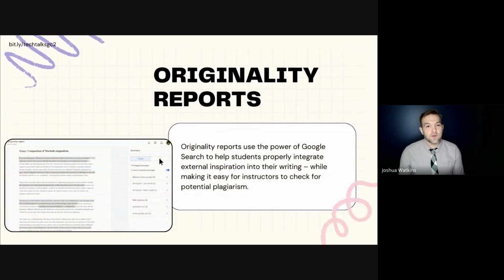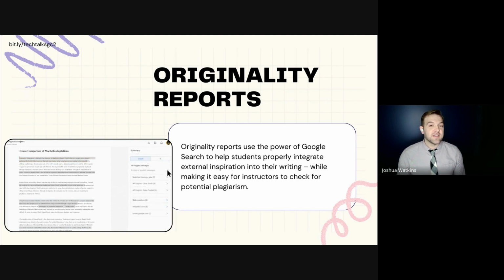The next thing we're going to cover for the Google Education Plus usage in Google Classroom is originality reports. Originality reports is basically a plagiarism checker. It compares the text your students turn in to any websites by running an automatic Google search in the background every time they turn it in.